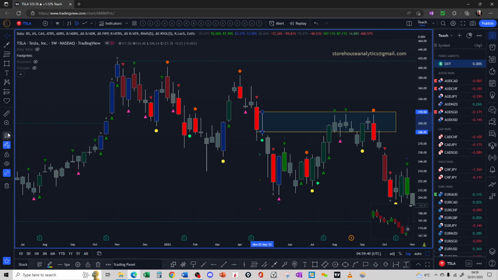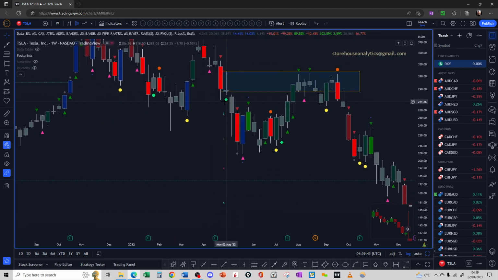So this move away: when prices left the level, how far did prices move away from the level before meeting demand, before experiencing a significant rally? Because we're looking at supply now, you want to know how far prices dropped.